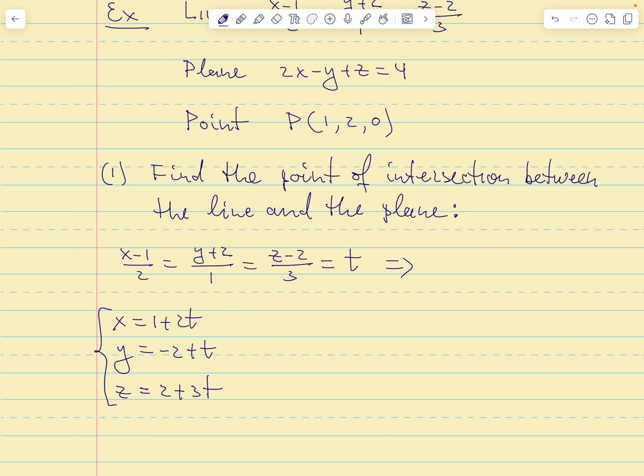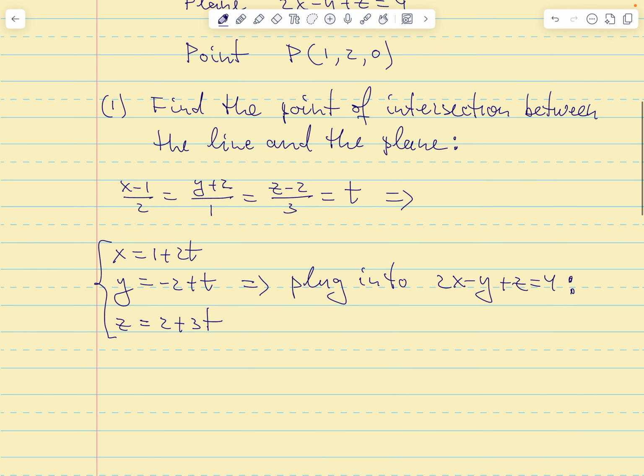So given t, this is the equation of the particle that moves along my line. And so now I want to determine when this particle is also on the plane. So that means that I need to take all of this and plug them into the equation of the plane, which is 2x minus y plus z equal to 4.